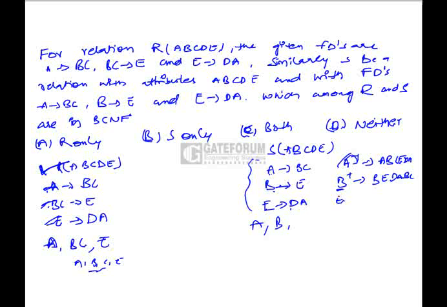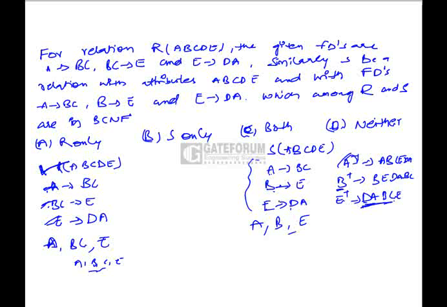Let us find E closure also. From E we can derive DA, from A we can get BC, from B we can get E again. So E is deriving all the attributes A, B, C, D, E, so we can take E also as a candidate key.